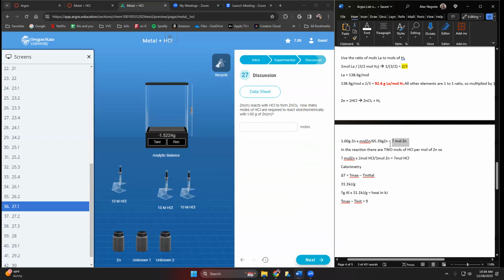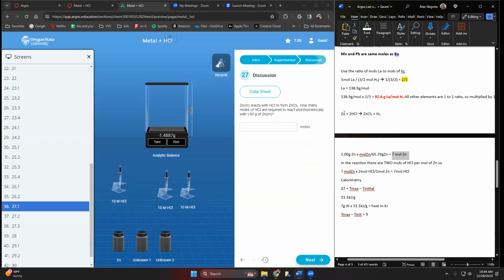But here, what's not a 1:1 ratio is the moles of hydrochloric acid. It's 2 moles of hydrochloric acid. So our ratio is 1 mole of zinc to 2 moles, excuse me, hydrochloric acid.